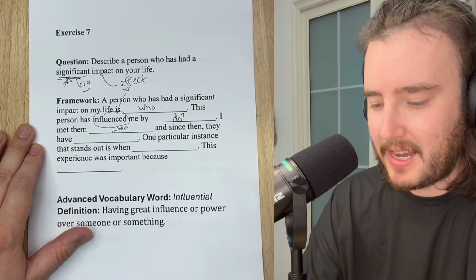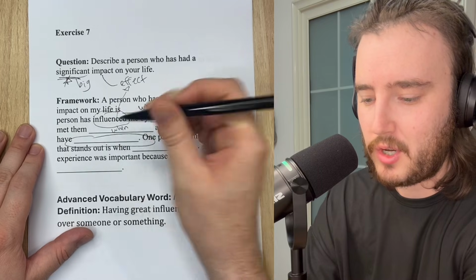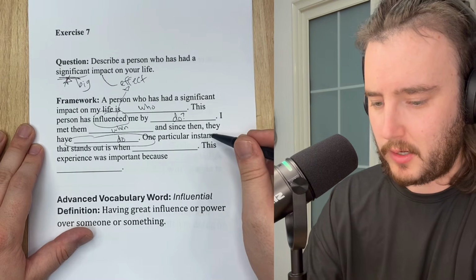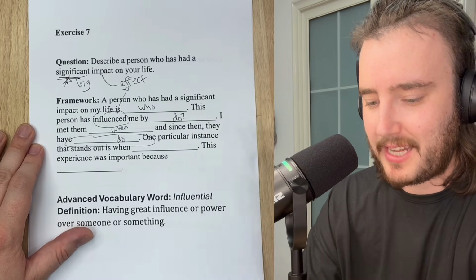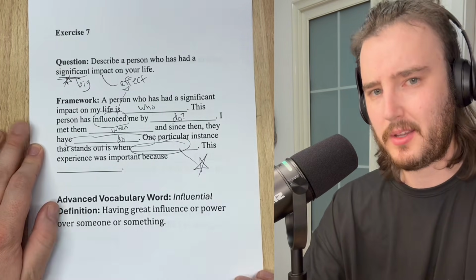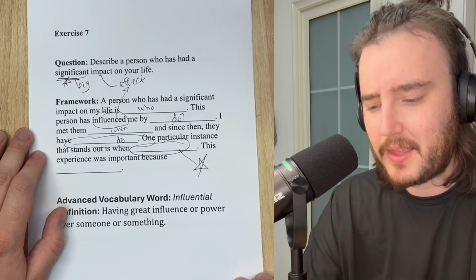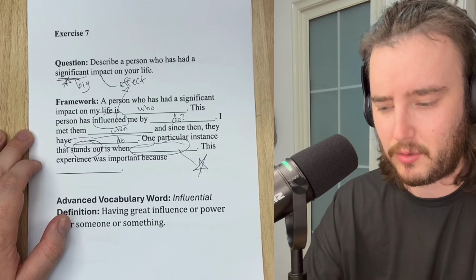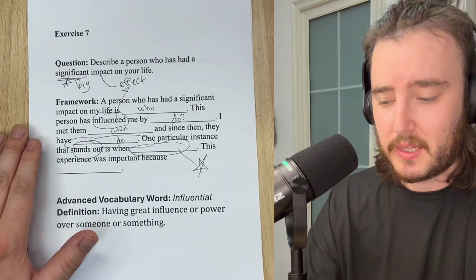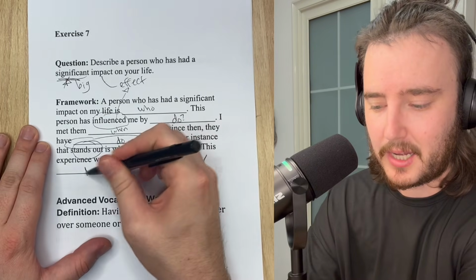And since then, they have done what to you? What did they do since you met them? One particular instance that stands out is when, okay, tell me something that is extra significant or something that really sticks out. Remember, stands out? We talked about sticks out already, something that's very memorable. Okay, this experience was important because blank.